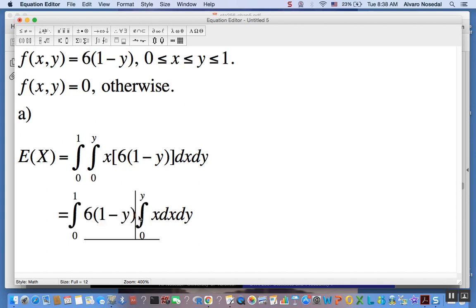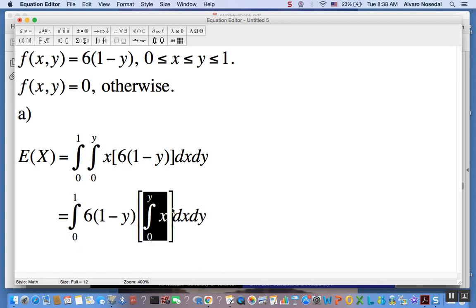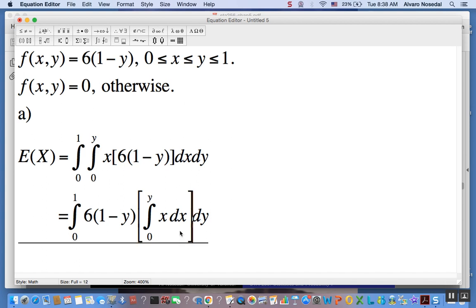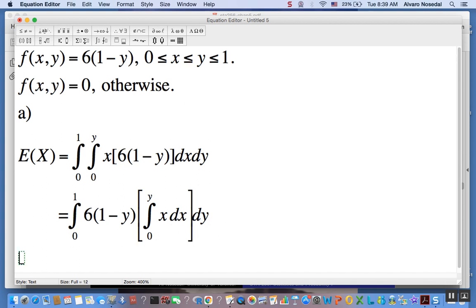And I just want to point out that what I have here is just that integral with respect to x.